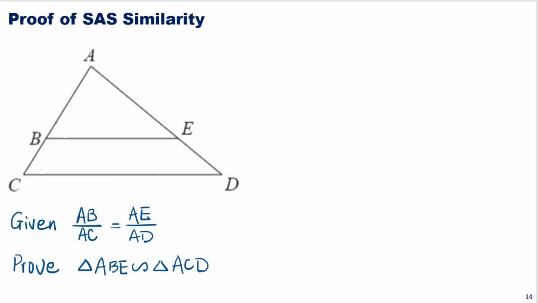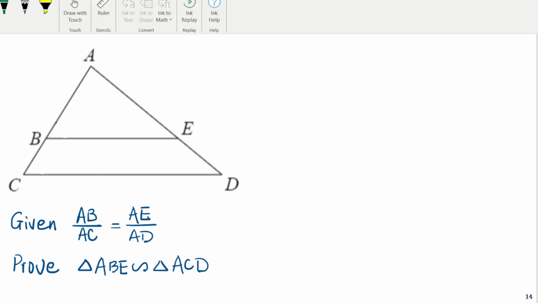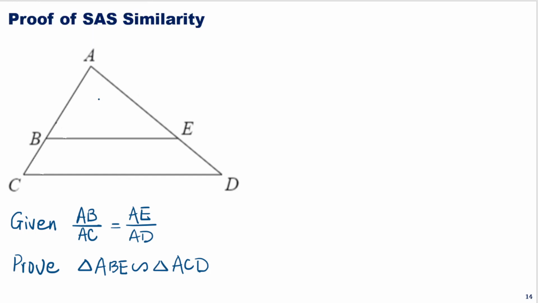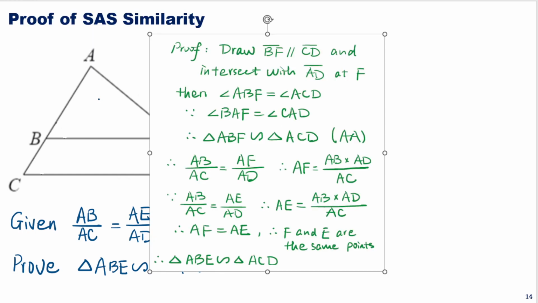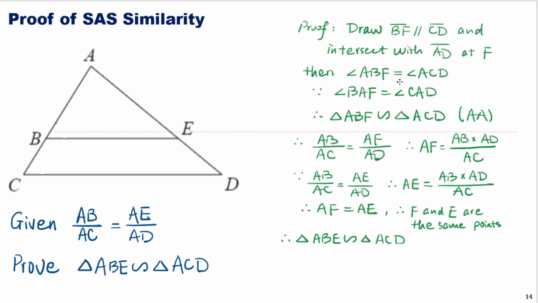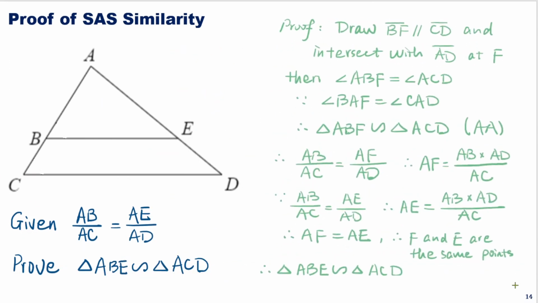I think when we proved AA similarity, we had proved this step. Yes, you can use AA, right? Use AA similarity because we have learned that. So a possible proof is illustrated here. You can read this by yourself.